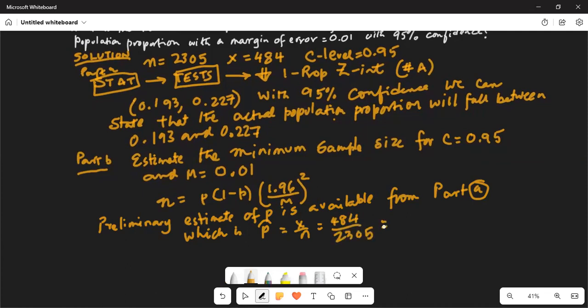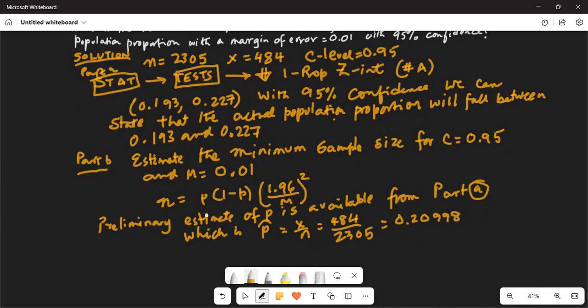So that is equal to 0.20998, you might say.